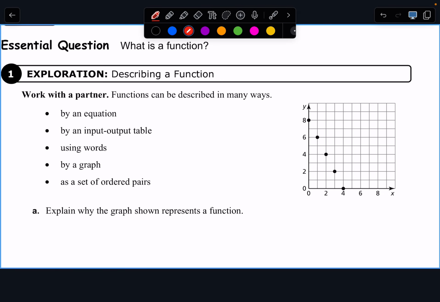So here are the different ways that a relation can be presented. Okay? I could give you an equation. Maybe I give you y equals x plus 7. That's an equation.